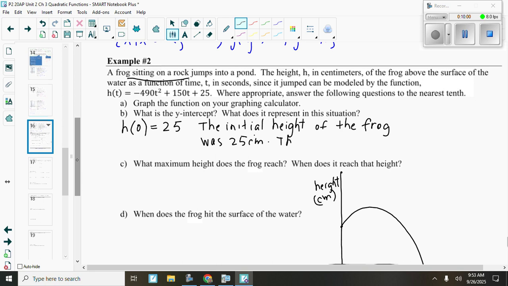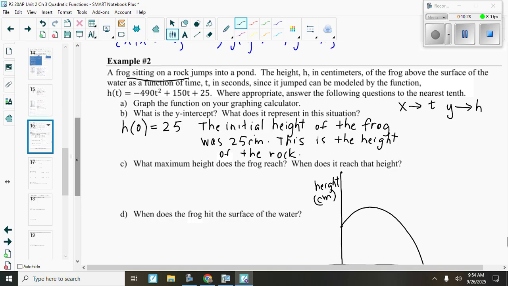Just recognize this is the height of the rock. And just a note to myself, instead of using x, we're changing that to t, and our y becomes our h.